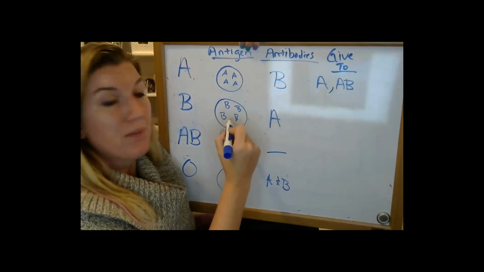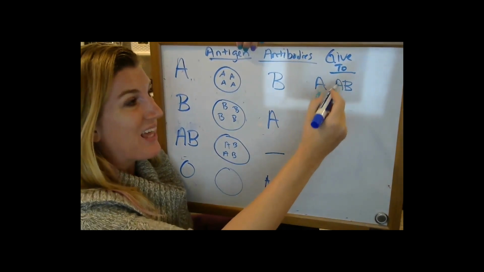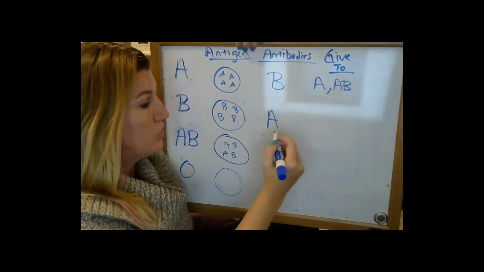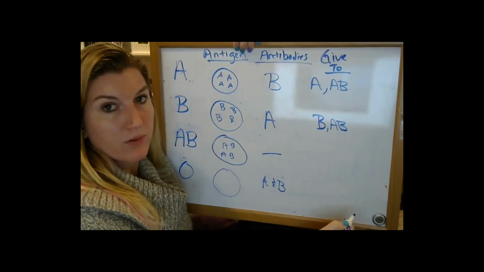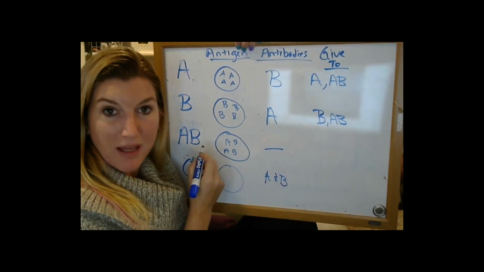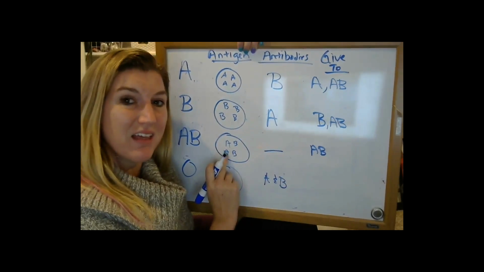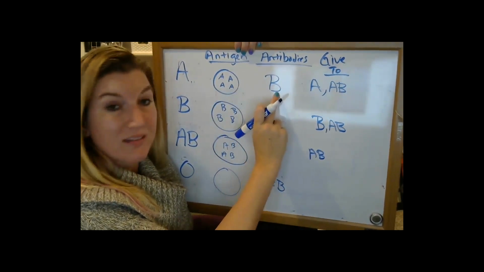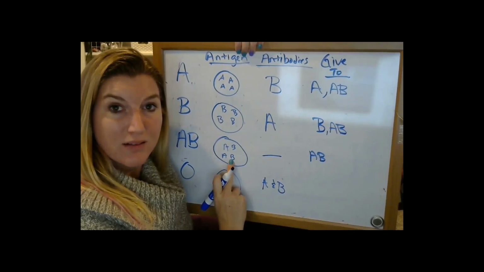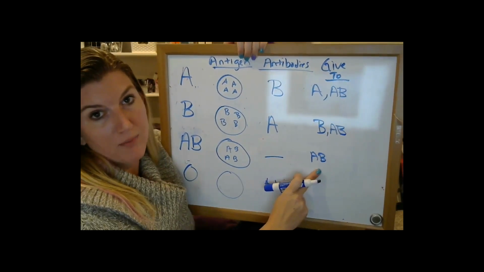People who have B blood are anti-A, so they can give blood to only other B people or to AB people. People who are blood type AB can give to other AB people. Can they give to A? No, because A produces anti-B and AB has B. So AB people can only give to other AB people.